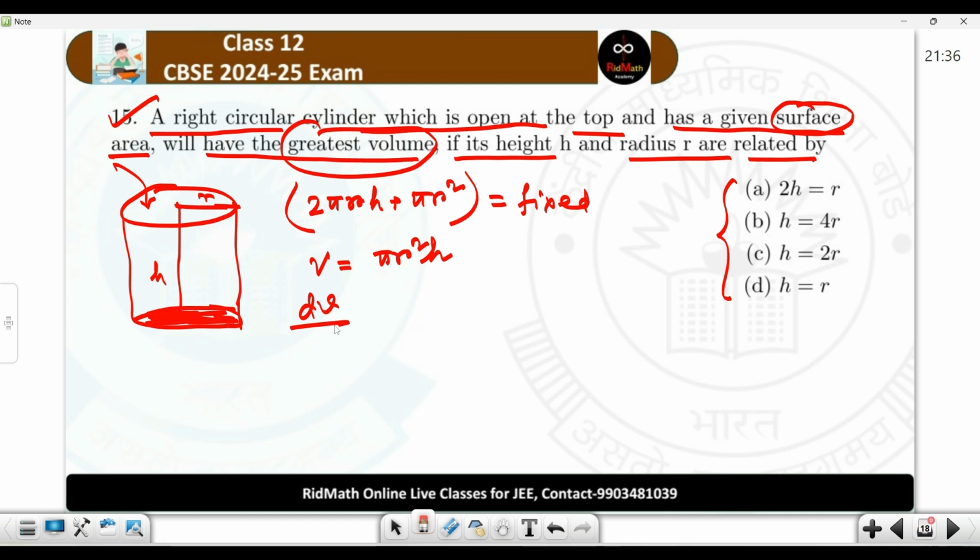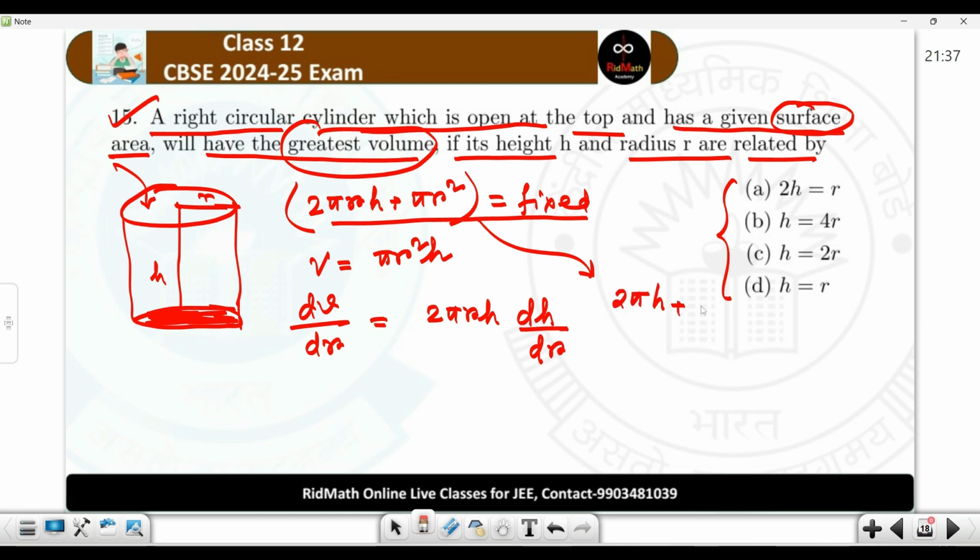Now dV/dr, taking the derivative with respect to r, is 2πrh + πr² dh/dr. Now, since the surface area is fixed, I'm writing d/dr of (2πrh + πr²) equal to constant.